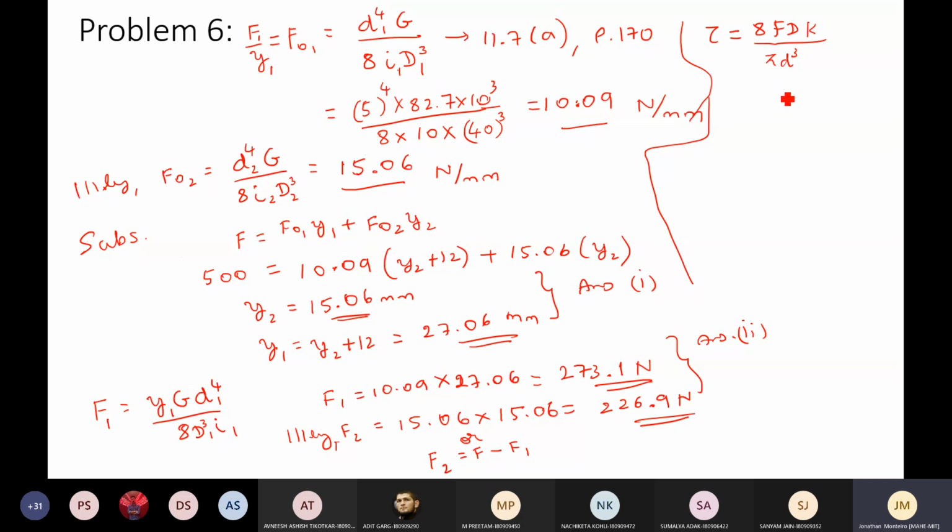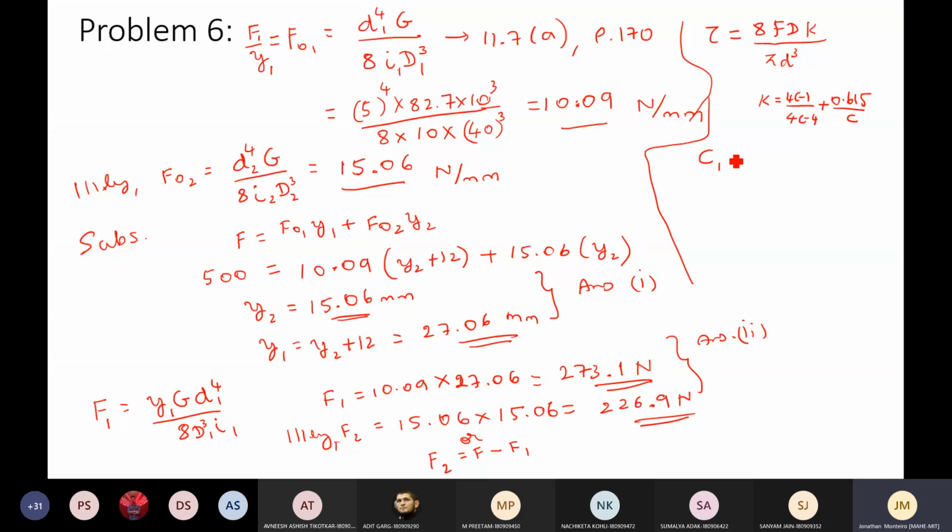The K value we know is (4C minus 1) by (4C minus 4) plus 0.615 by C. Now C is a value which is different for different springs.